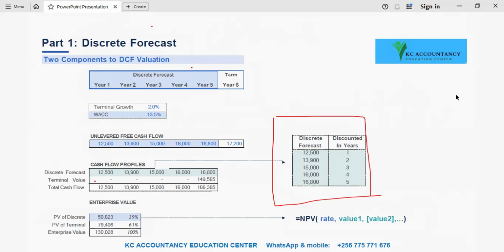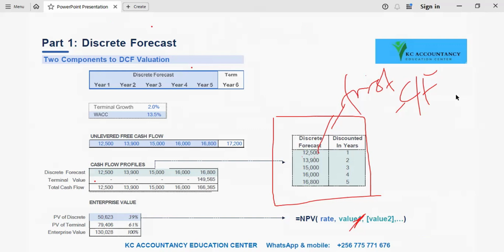So when we feed the first cash flow into the NPV function, let's assume this is our first cash flow.